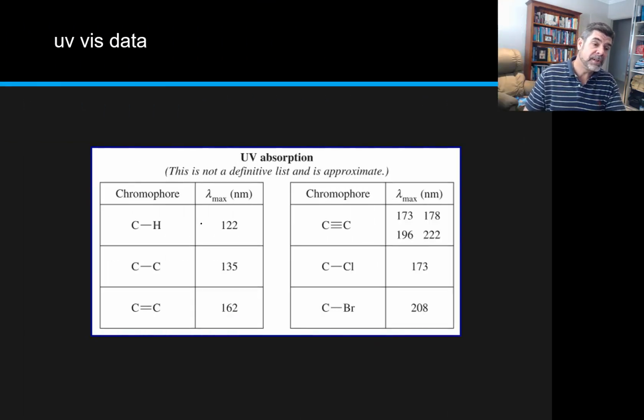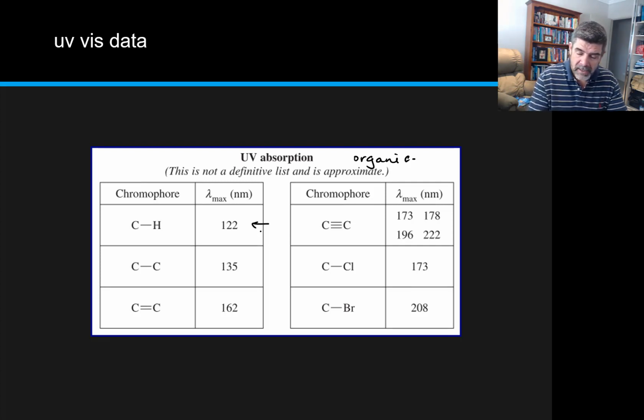And just a final word here, this is the table that is in your data sheets. So these are obviously relating to organic and not inorganic substances. And you can see that we have some values present for wavelengths of electromagnetic radiation that corresponds to these different types of substances.